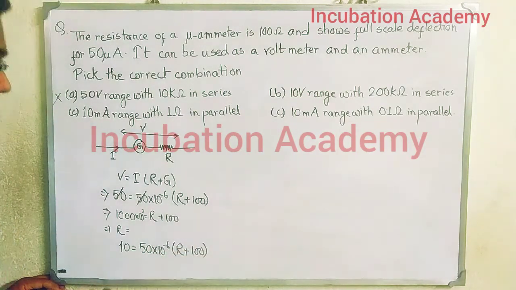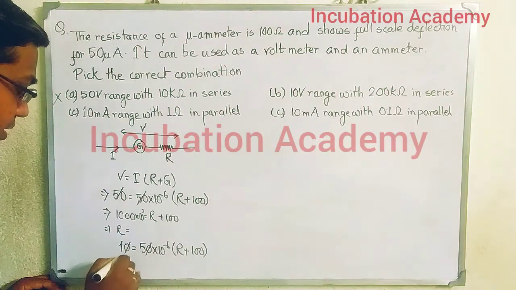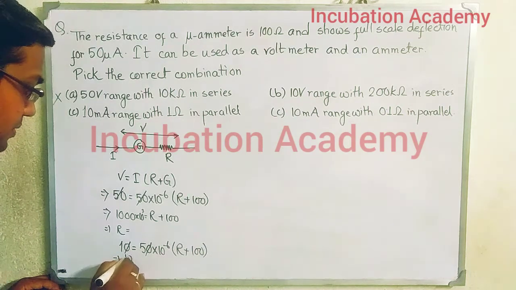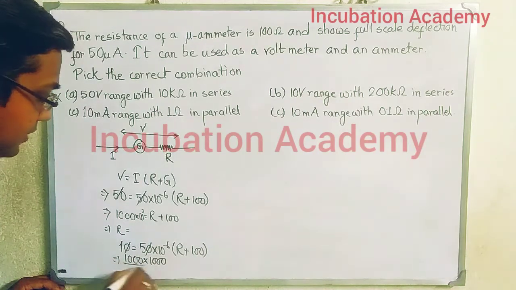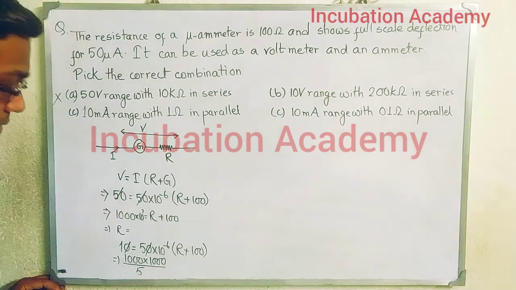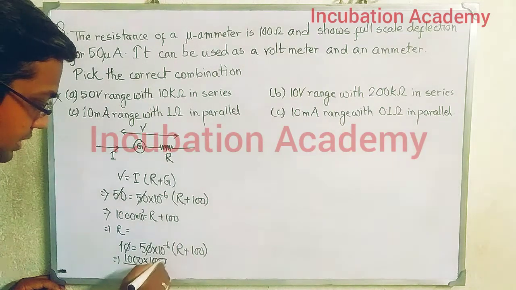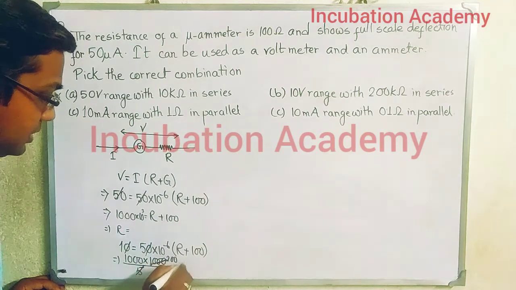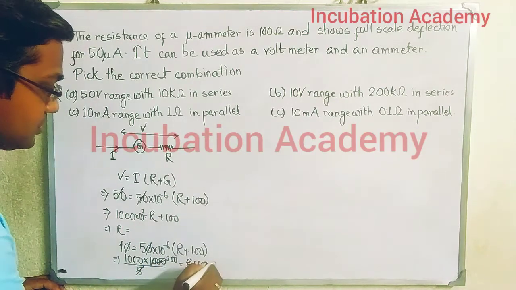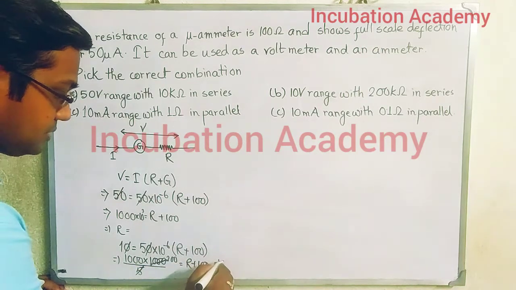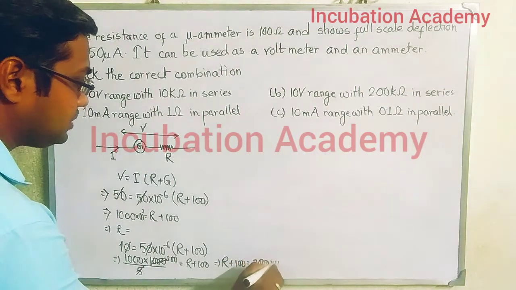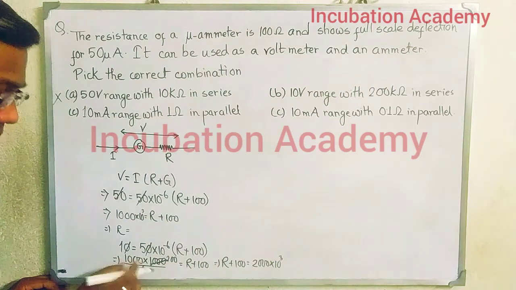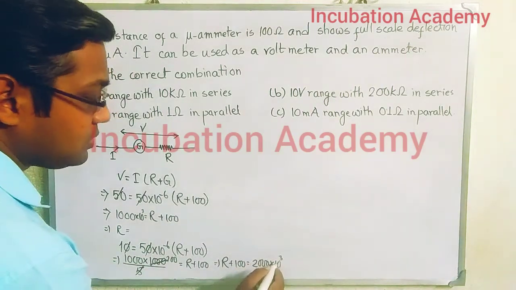We have to find out the resistance capital R. So it will be 10 to the power 6 divided by 5, which gives R plus 100 approximately 200 into 10 to the power 3.